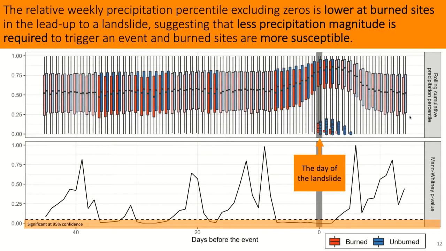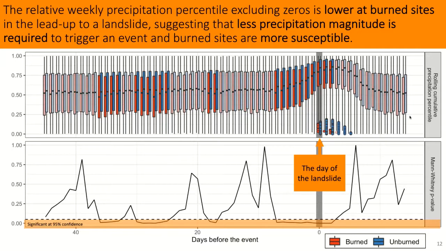And so looking down at the lower panel, you can see that there's a region around when the landslide happened where there is a consistent, statistically significant difference, and that is indicating that there's less precipitation at the burned sites.